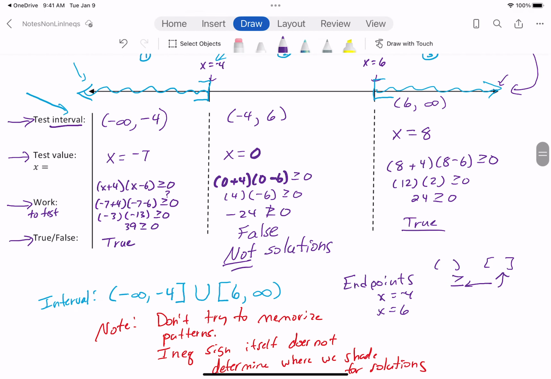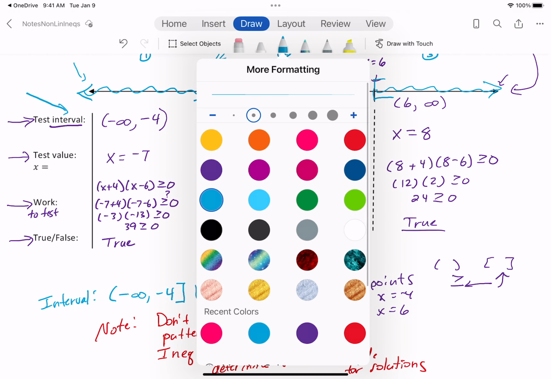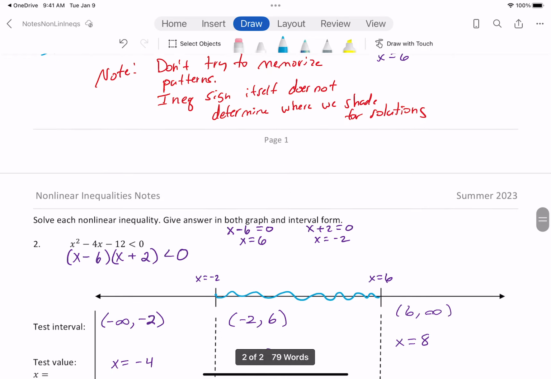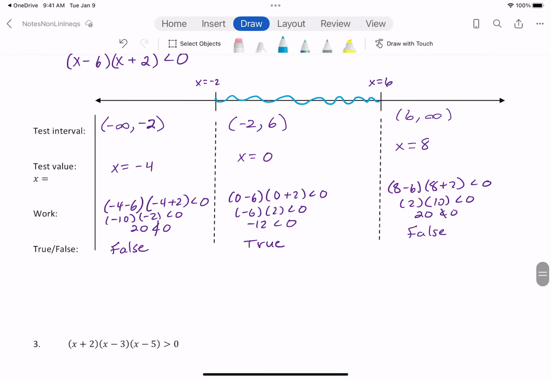In the last problem, if you note, we got true, false, true, so they alternated, right? And if you look here, we get false, true, false. So while you cannot use the inequality sign at the beginning to determine what your solutions will be, one thing we can look for is the regions should alternate.